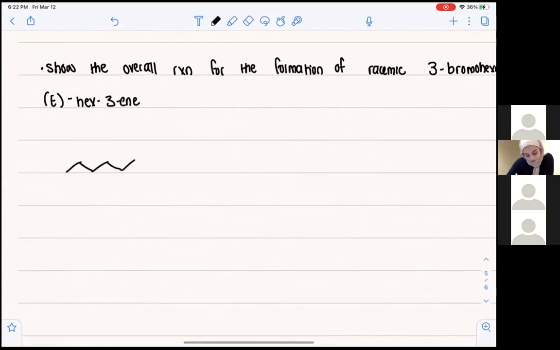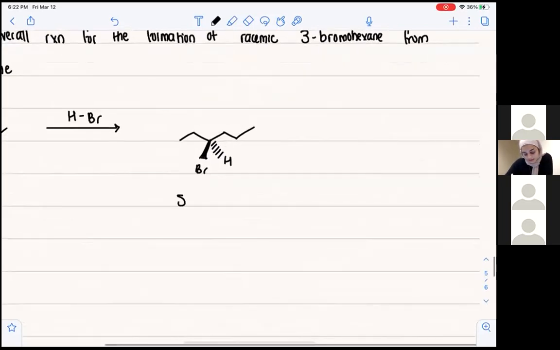And we have E-hex-3-ene with HBr, and that is what is giving us this beautiful BrH. And then this is S 3-bromohexane.